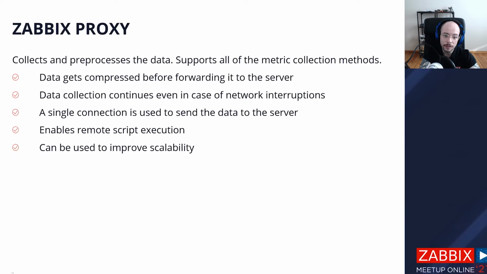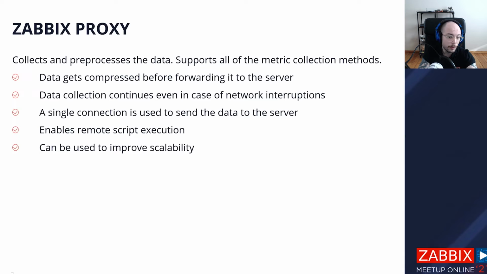In addition, the proxy compresses the data before sending it. And even if we have a network interruption with the customer's site, the proxy is still going to continue collecting data and storing it in its own database. And once we receive data back from the proxy, it gets sent via a single connection, which is a lot more enticing for the networking team.